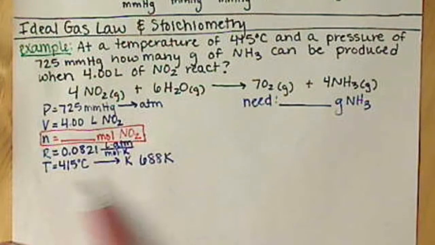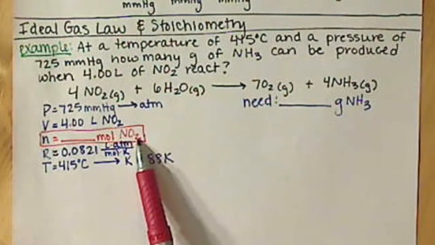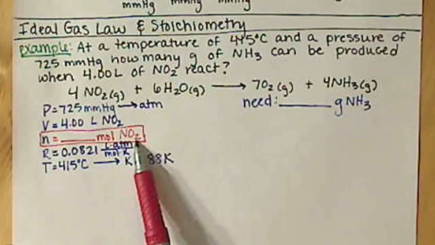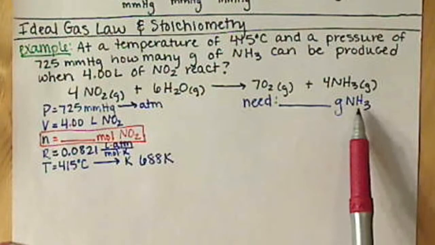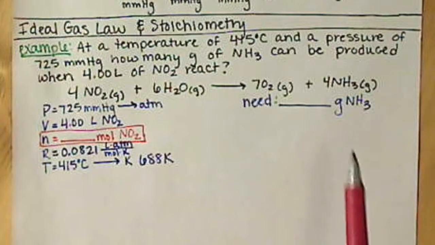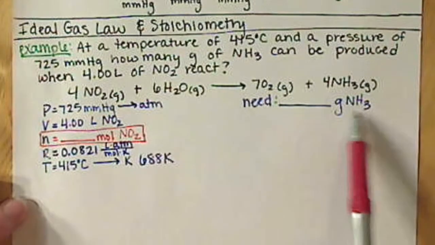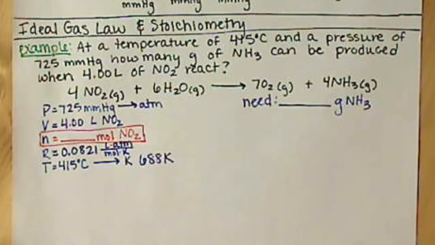So we can use our ideal gas equation to get our moles of NO2. And we are trying to get to grams of NH3. And what is the only way that we can convert from one compound to another? Hopefully you're getting tired of that question and it's becoming redundant and you're yelling at your computer.